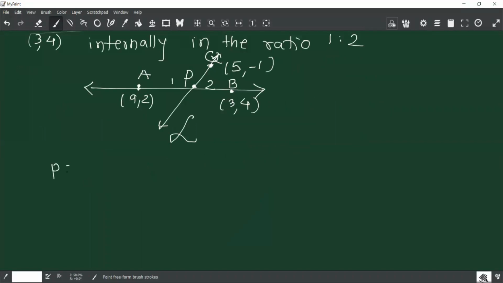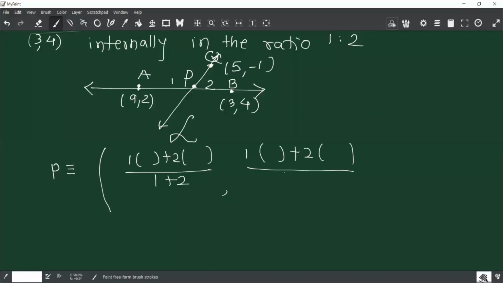So if I want to get the coordinates of P, if I don't want to commit a mistake, how do I write: 1 plus this into 2 plus this by 1 plus 2, comma, 1 into this plus 2 into this upon 1 plus 2. Your first point is x1, y1. Second point, oh, you already got it. Very good. X2 is 3. X1 is 9.